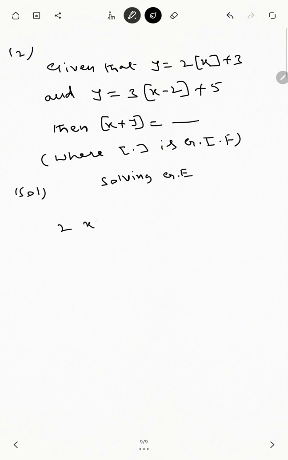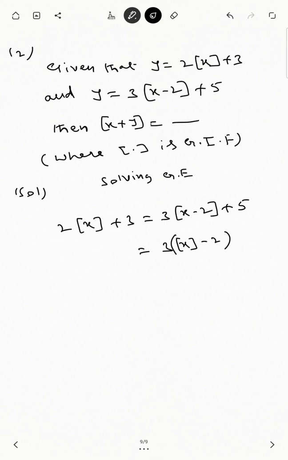Equating the right sides of both equations: 2 into integer part of x plus 3 is equal to 3 into integer part of x minus 2 plus 5. On the right side, we can bring the minus 2 out of the box using the property that integer part of x plus n is equal to integer part of x plus n whenever n is an integer.